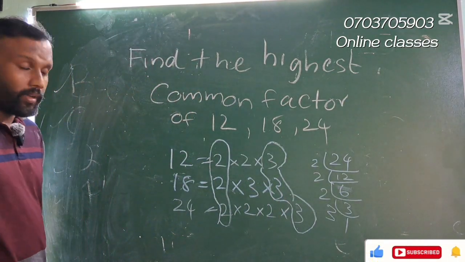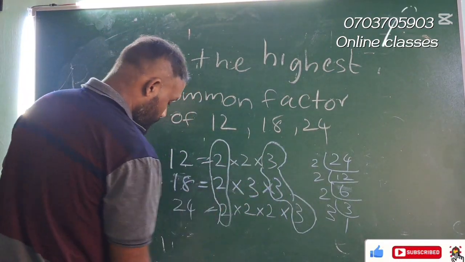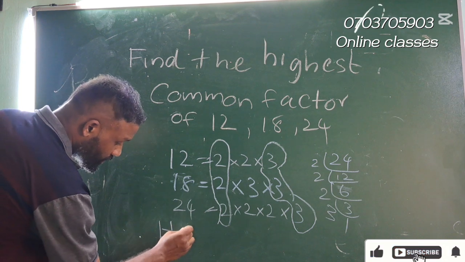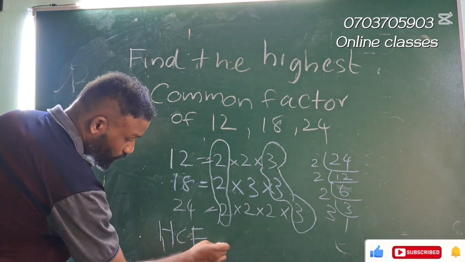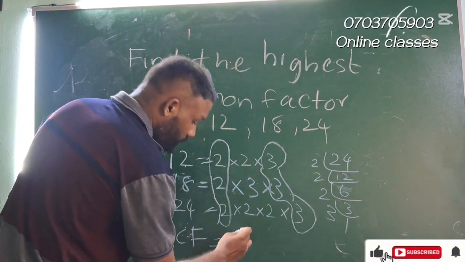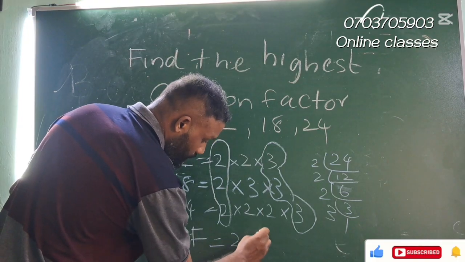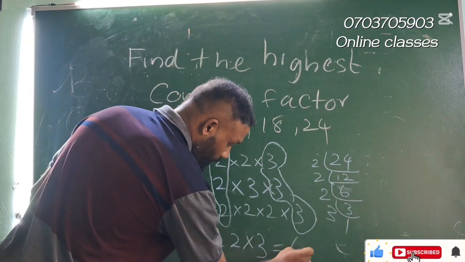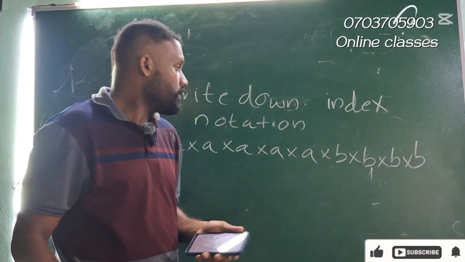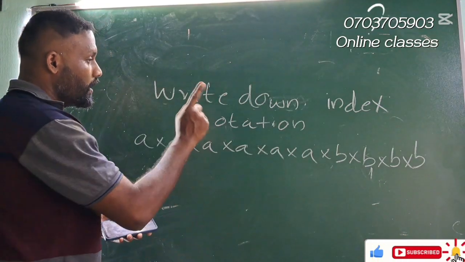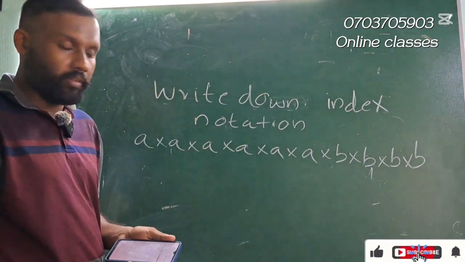These are the common numbers, 2 and 3. Therefore the highest common factor is equal to 2 times 3. Answer is 6.